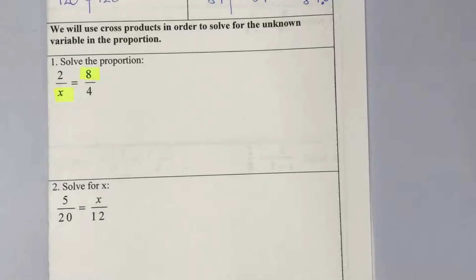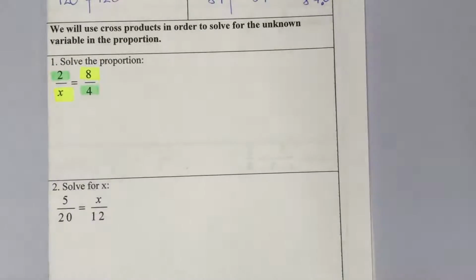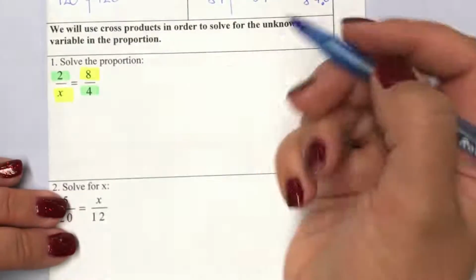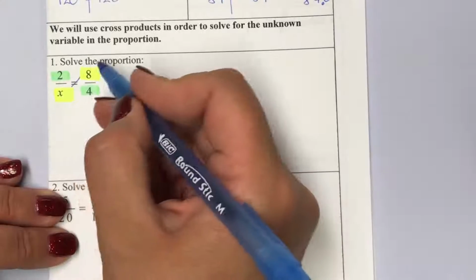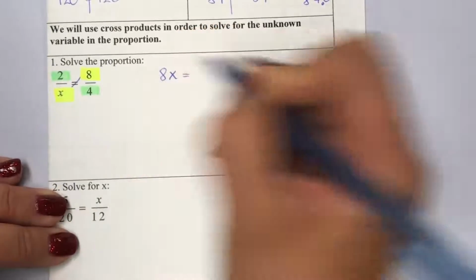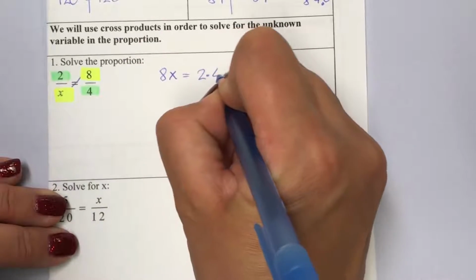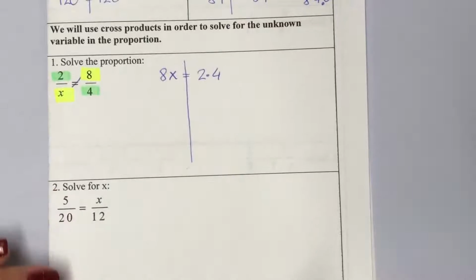The other way across, we have 2 and 4. Cross multiply. I like to multiply across the number with the variable first, and then 2 times 4. And that is creating a new equation.